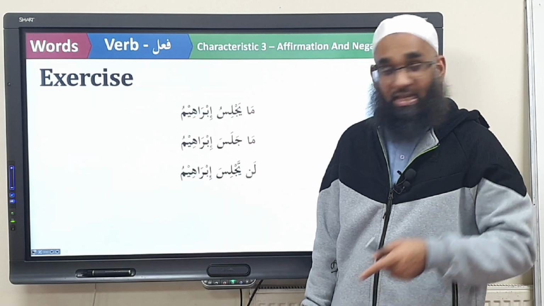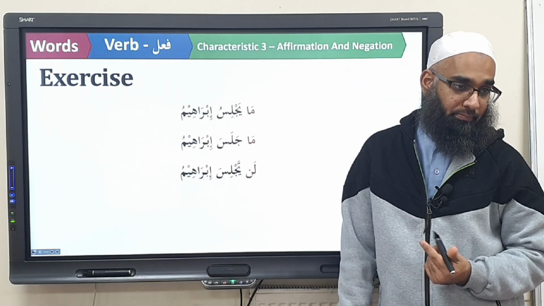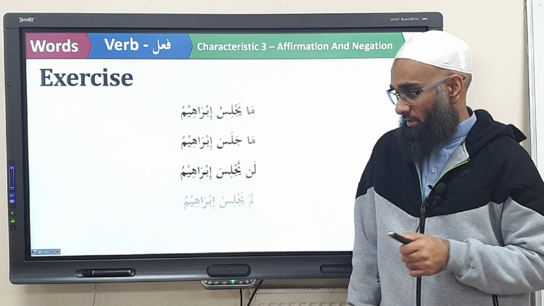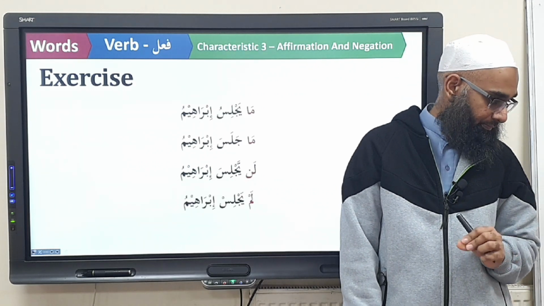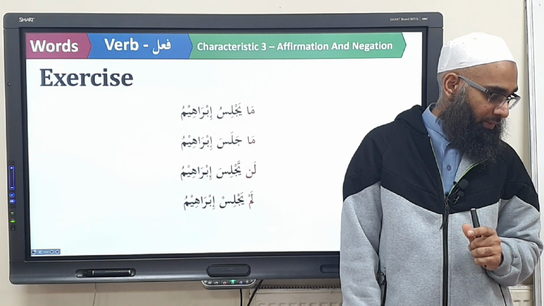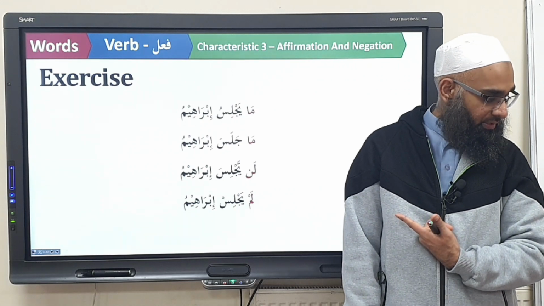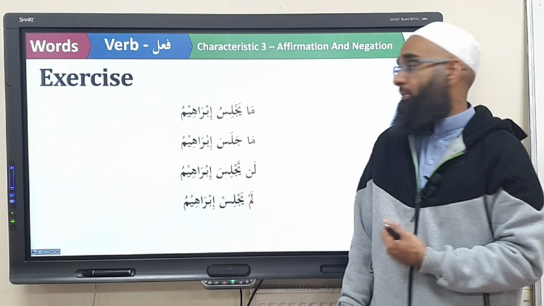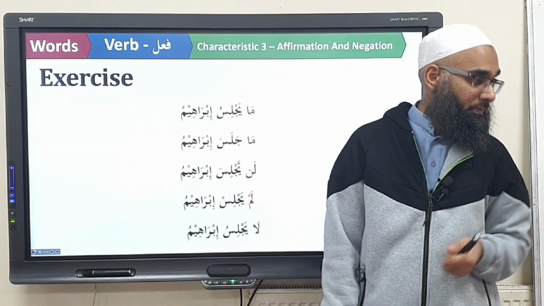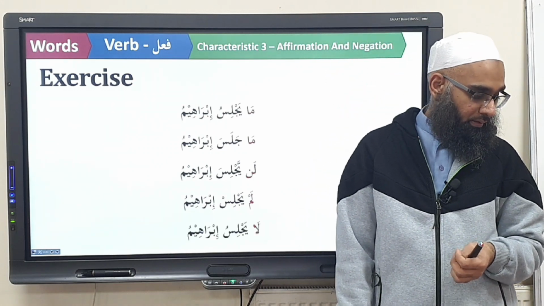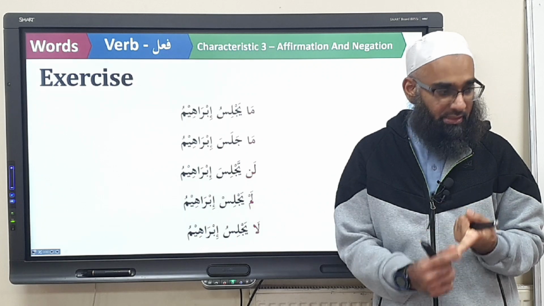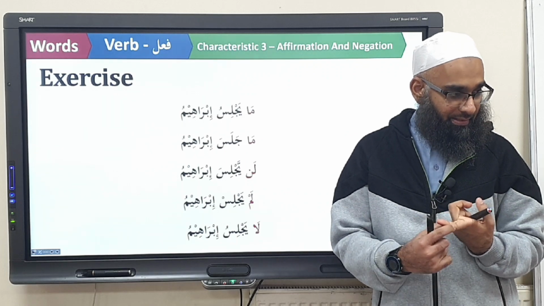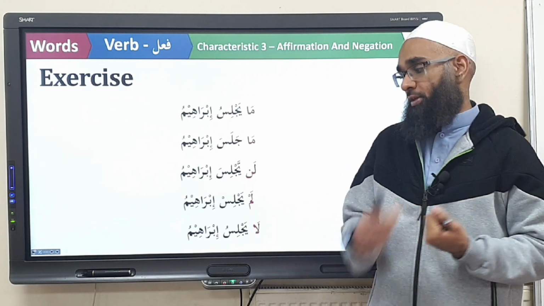In the past tense. Lan yajlisa Ibrahim. Will definitely not sit. Lam yajlis Ibrahim. Did not sit. But that's mudari, yajlis. So we're saying past tense because of lam. Lam makes it past tense. And then la yajlisu is not sitting, does not sit, or will not sit.